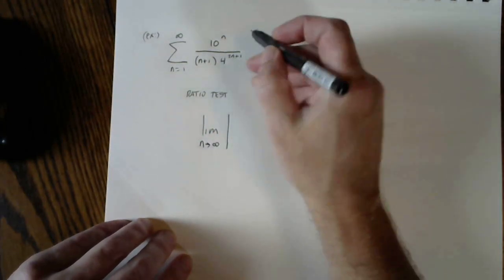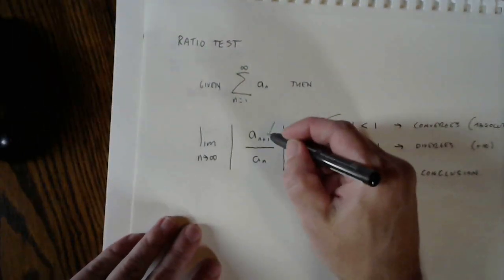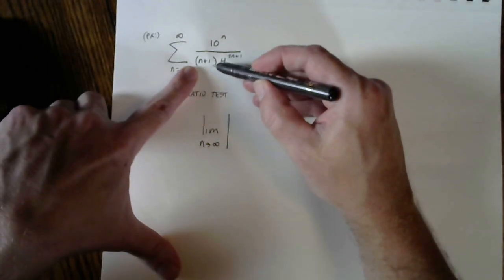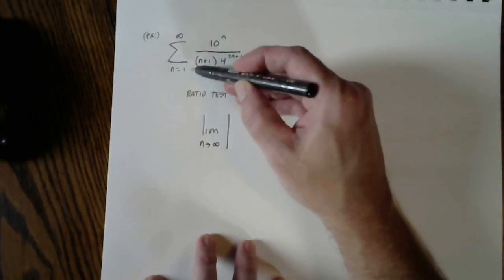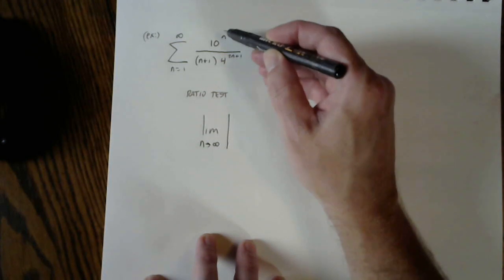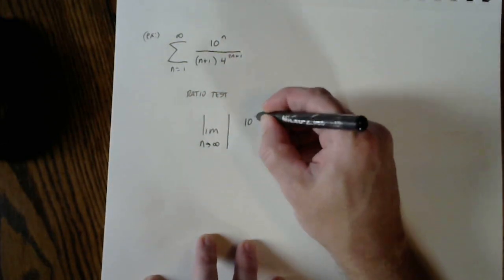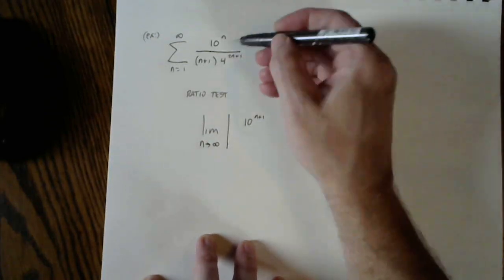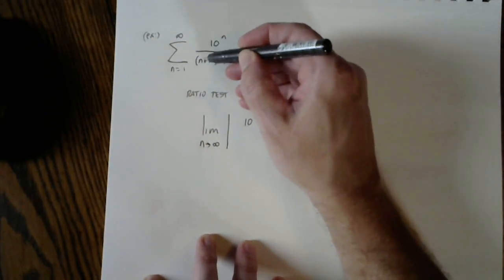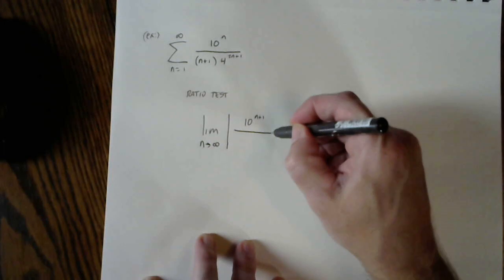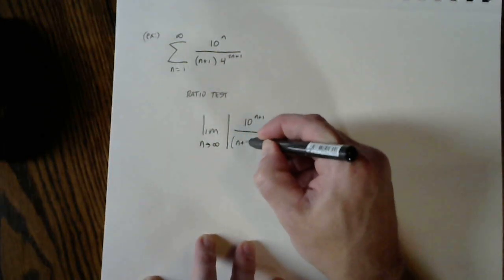So here's a point I want to make. You go back to this test. In the numerator, we have an n plus 1. That doesn't mean that this is good to go. Essentially, what you need to do for that term is replace n with n plus 1. So here I'll have 10 to the n plus 1. That's no big deal. But this will become n plus 1 plus 1. So that needs to be written this way.